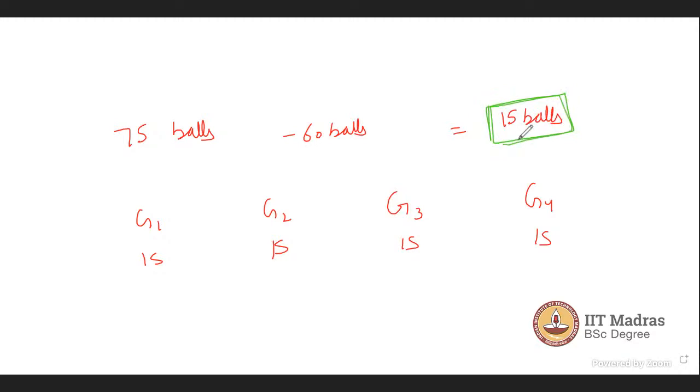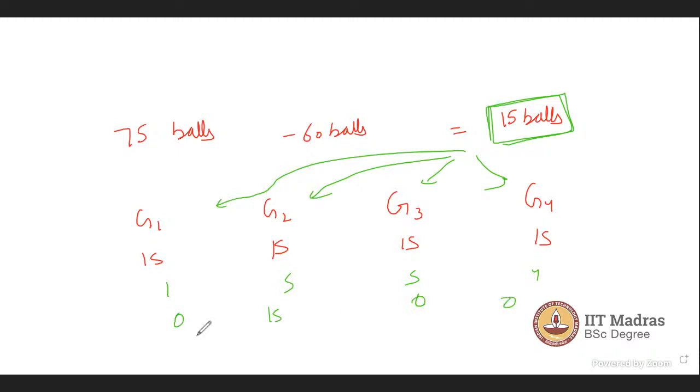Now I have to distribute these 15 balls among the 4 groups. One group may receive 0, another may receive all 15, or 1, 5, and then 4, 0, 15, 0, 0. Anything is possible, right?